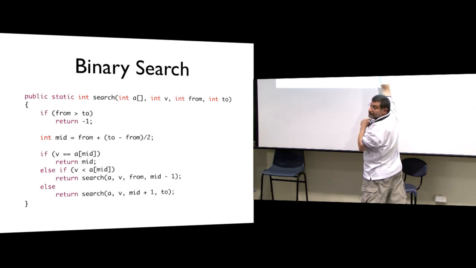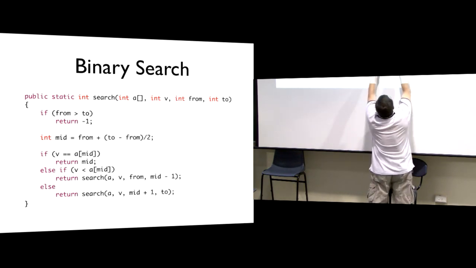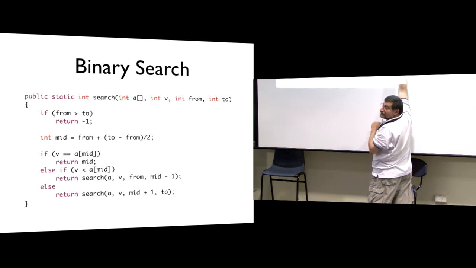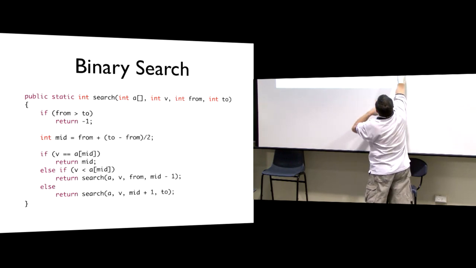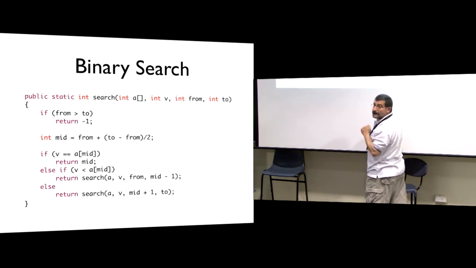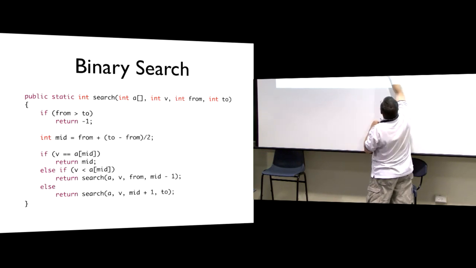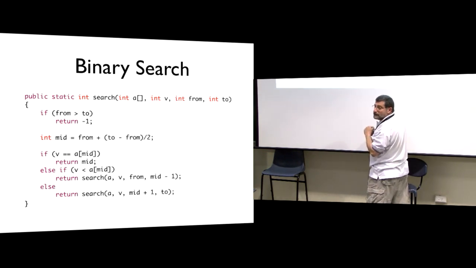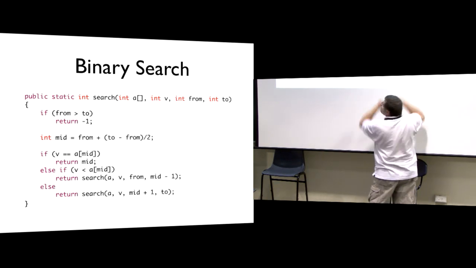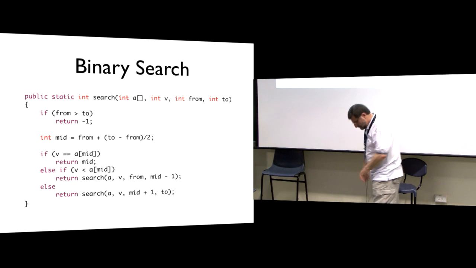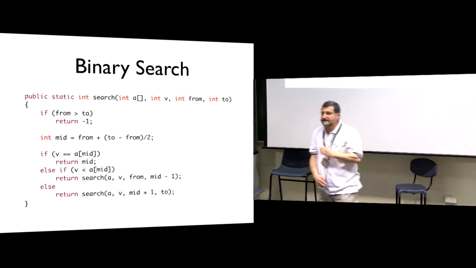But now we're going to limit our search to the midpoint minus 1. Right? We don't have to look at midpoint because we've already looked at that. So that's saying look in the first half of the array. This second one is saying if the element we're looking for is bigger than the midpoint, then look in the second half of the array. Right, so does that make sense?